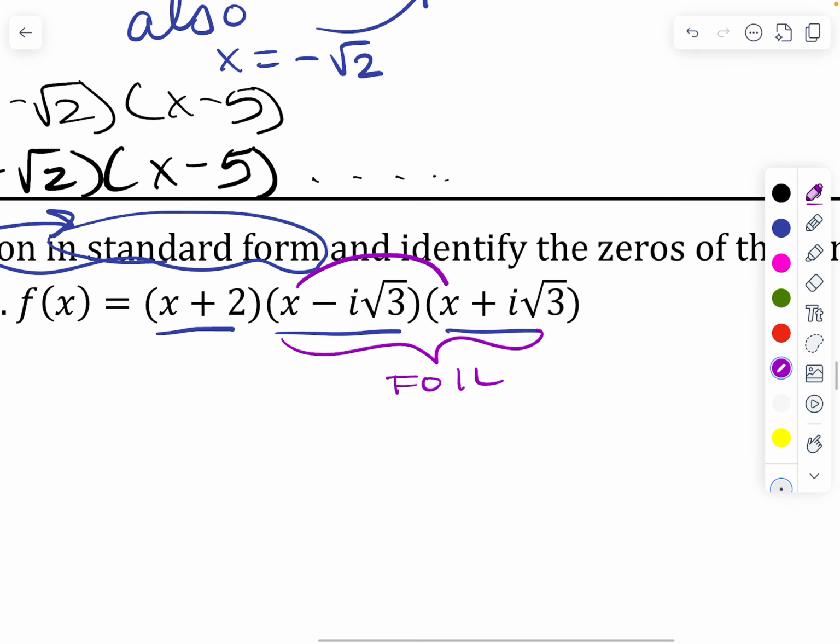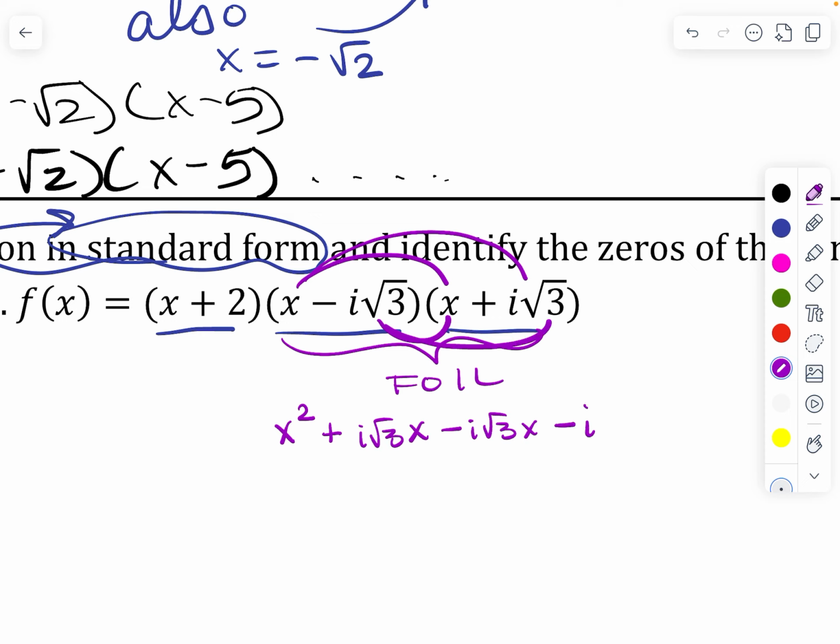So we're going to go first, x times x is x squared. Outer, x times i root 3 is a positive i root 3 x. Inner, negative i root 3 x. And last, we'll get a negative i squared and a root 3 squared as well. Let's simplify this. Well, I know i root 3 x minus i root 3 x will cancel.